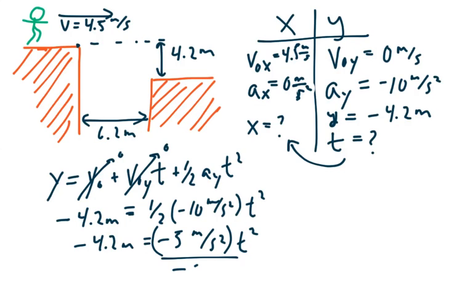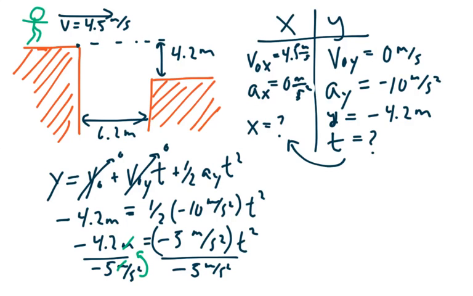So dividing both sides by negative 5 meters per second squared, you'll notice that the units of meters are going to cancel. The seconds squared will flip up to the top, which when I square root to get the t squared, will just become time in seconds.